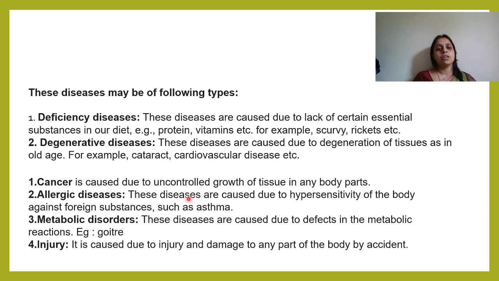Allergic diseases are caused due to hypersensitivity of the body against foreign substances, like asthma. Metabolic disorders are caused due to defects in metabolic reactions, like goiter. Injury is caused due to injury and damage to any part of the body by an accident.